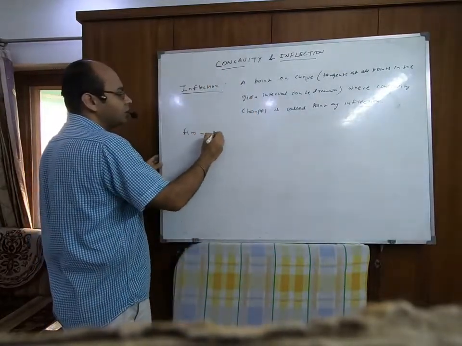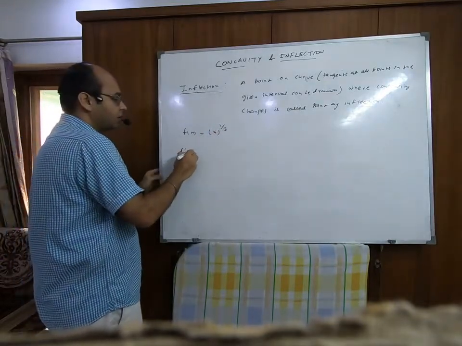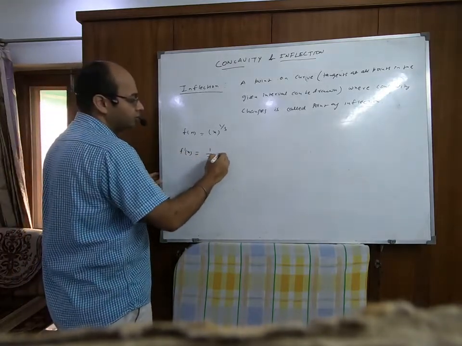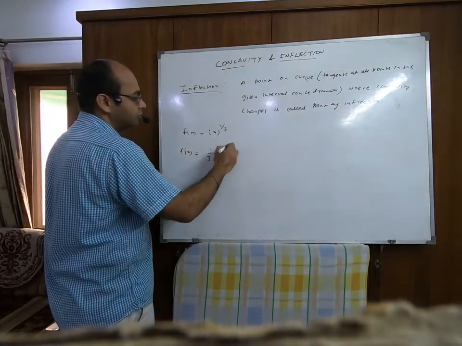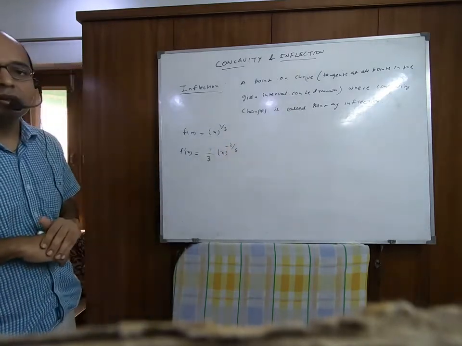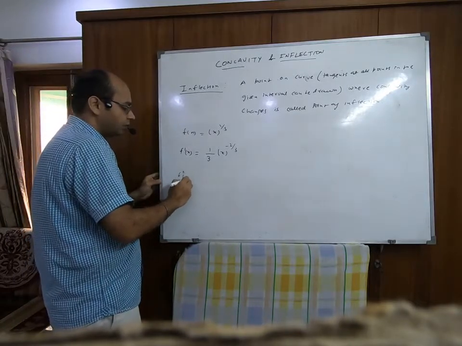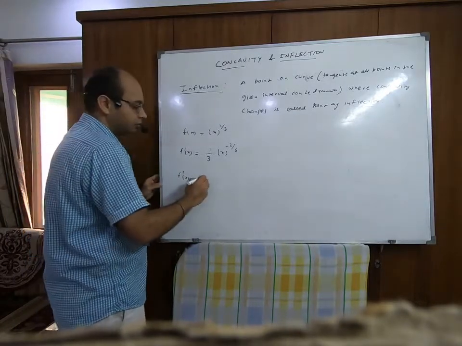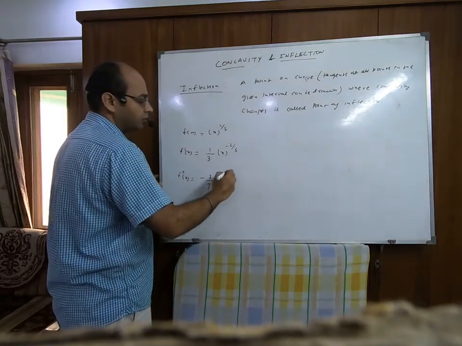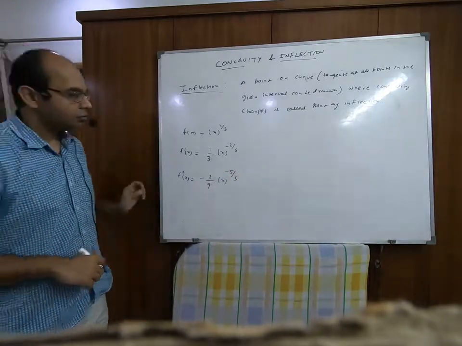fx is equal to x to the power 1 by 3. If I find f dash x, it will be 1/3 x to the power minus 2 by 3. And if I redifferentiate it, it will be minus 2 by 9 x to the power minus 5 by 3.